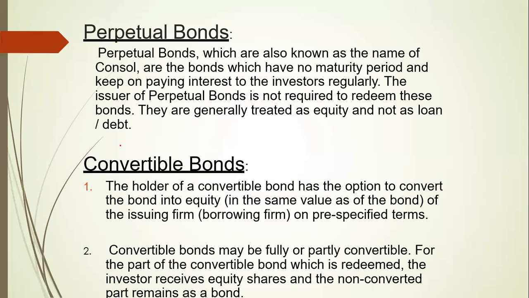Convertible bonds may be fully or partially convertible. For the part of the convertible bond which is redeemed, the investor receives equity shares and the non-converted part remains as the bond. For example, if it is a 1,000 rupees bond, 500 will be converted into equity and the remaining 500 will remain as the bond value.